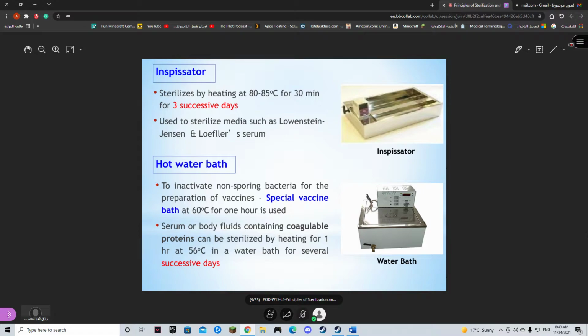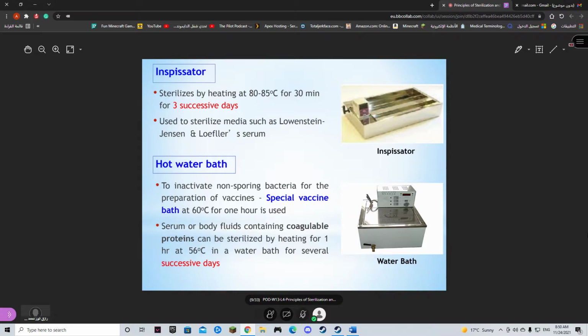If you raise the temperature, the egg protein will be denatured, so how will the bacteria grow? So you should limit the temperature. That is why we use this method for sterilization of Lowenstein-Jensen media and Loeffler serum media for the diphtheria bacteria. Two bacteria, two media: one is Lowenstein-Jensen, one is Loeffler.